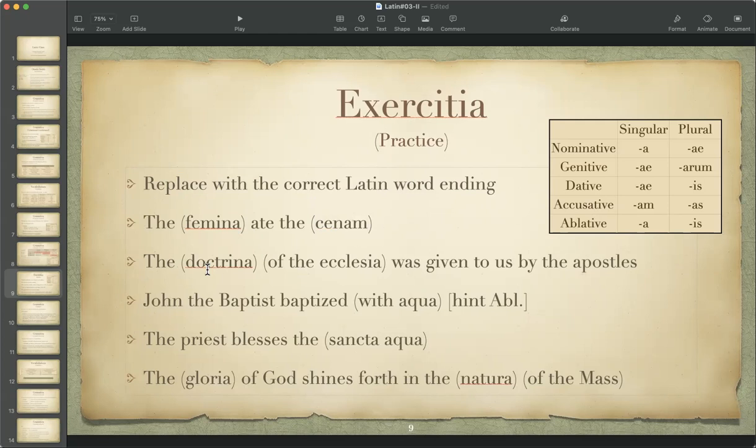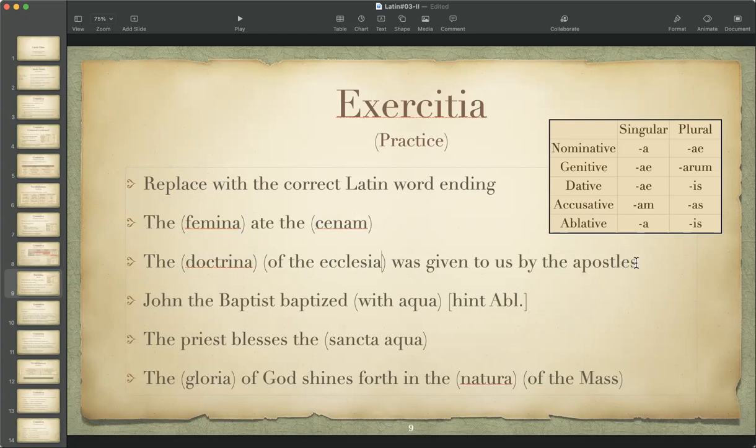The doctrine or doctrina of the church was given to us by the apostles. So doctrina takes the same. Yep, doctrina of the ecclesia.